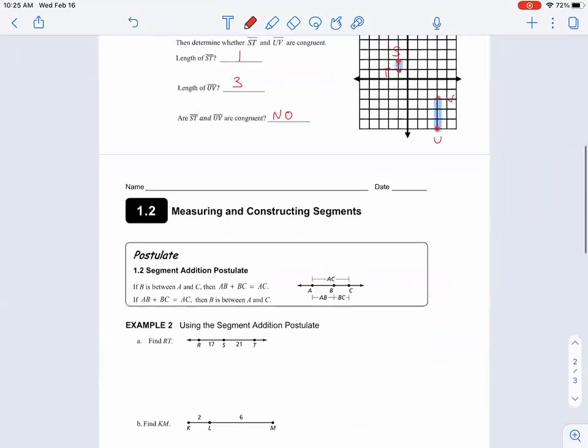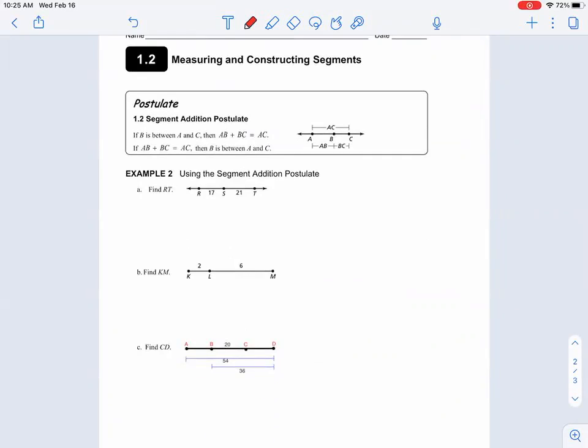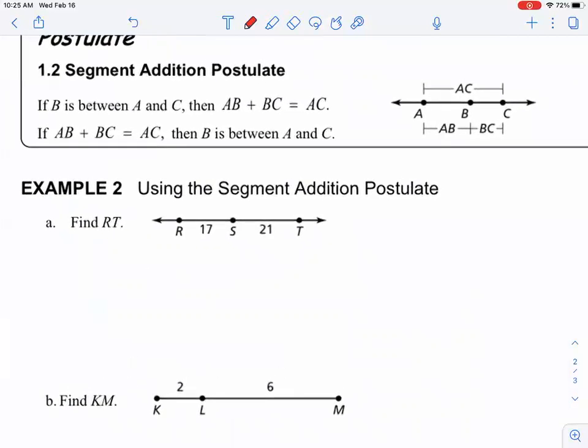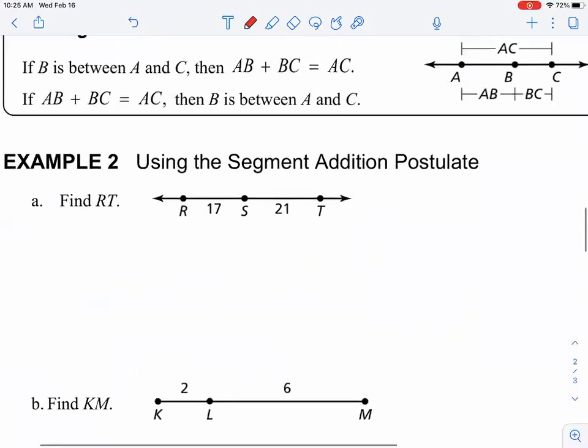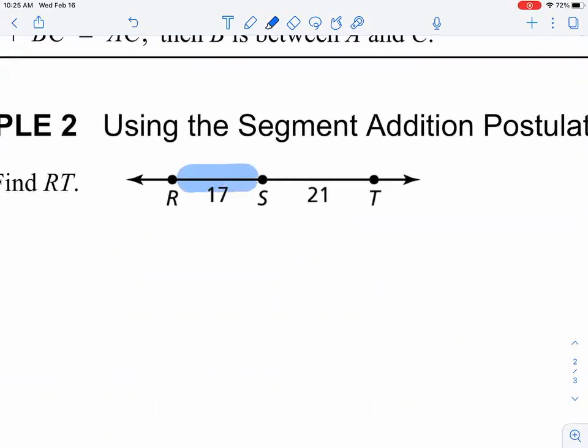All right, let's go down here to the next part. We have an addition postulate, which just means we're adding together parts of a segment. For example, here in problem number 1, we want to find the length of RT. Notice that RT doesn't have any segment, ray, or line symbol above it. That means that we are finding the length of it. We know from R to S is 17, and from S to T is 21.